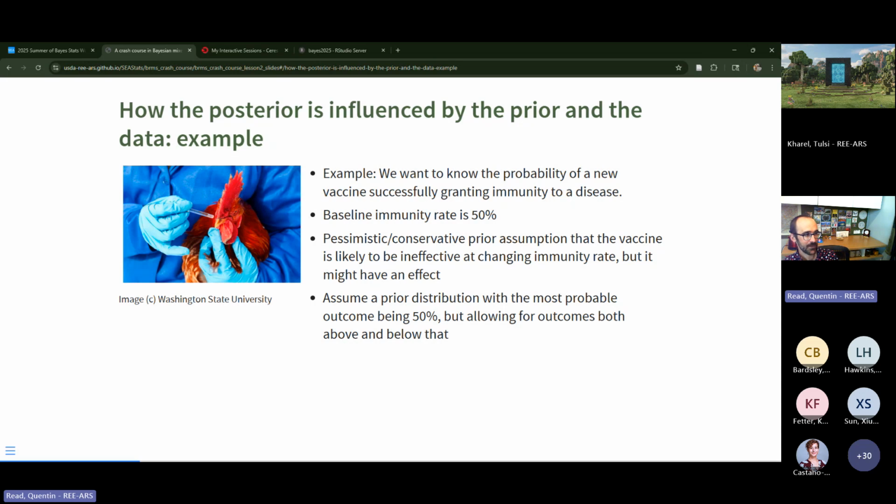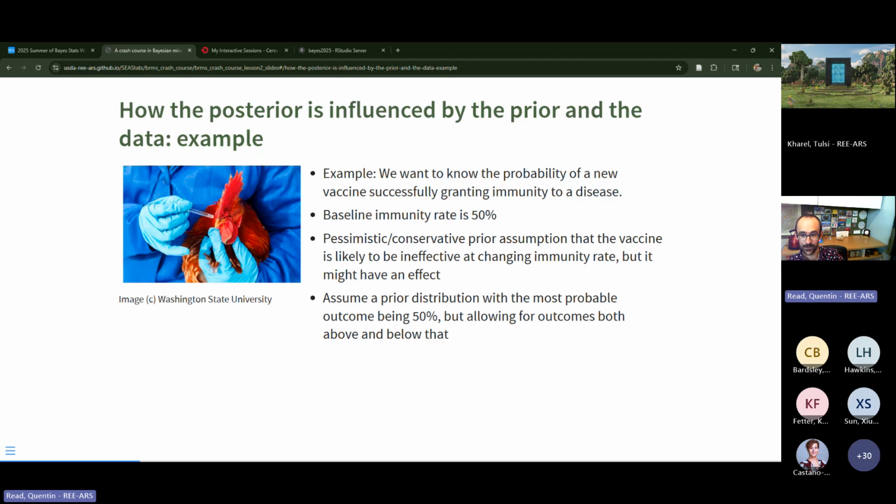Okay, we're going to make a kind of pessimistic or conservative prior assumption, that the vaccine might be effective and it might be ineffective. We're going to say the most likely outcome is that this vaccine is ineffective, that it does not increase the baseline immunity rate at all.